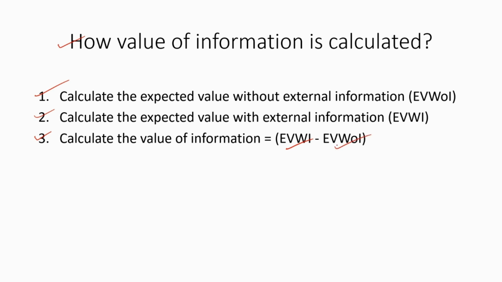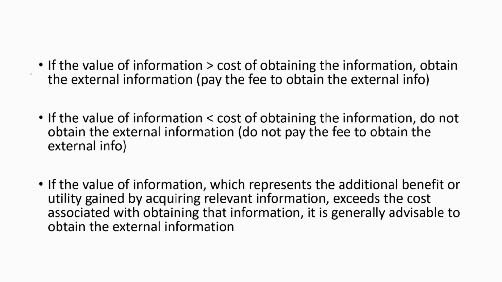without information. After we calculate the value of information, we have to make a decision whether to pay an external party in order to obtain external information or just make the decision based on the internal information which is available to the business. If the value of information is greater than the cost of obtaining the information, we can make the decision to obtain the external information, which simply means pay the fee to obtain the external information.